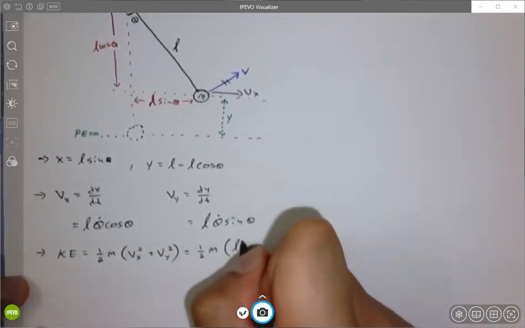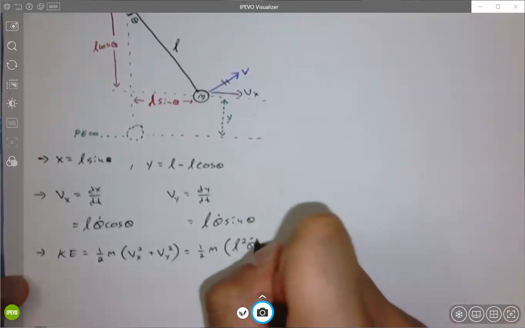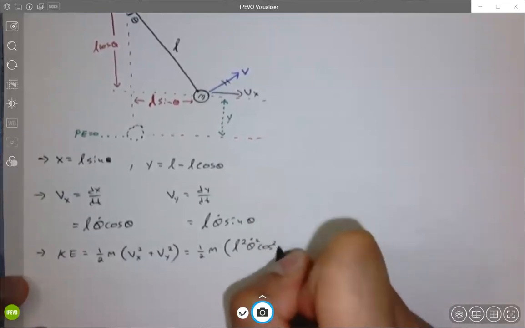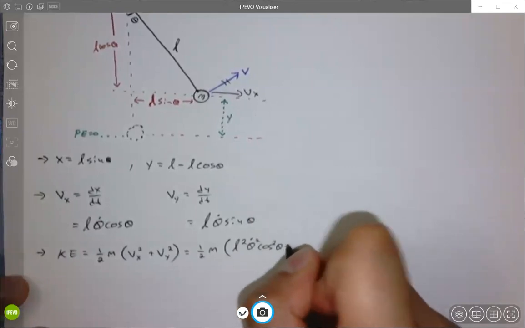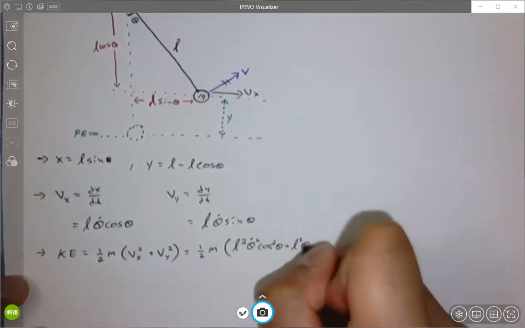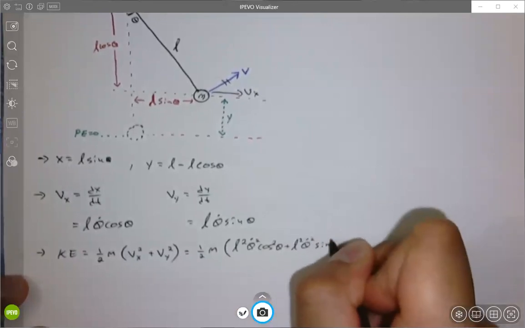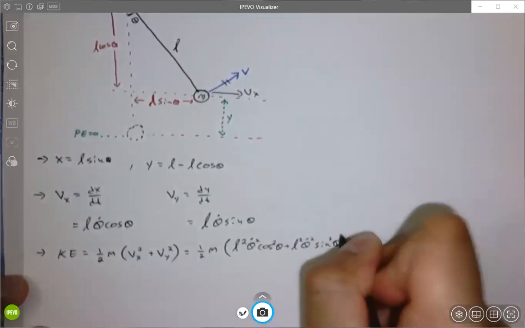So that's L squared theta dot squared cosine squared theta, plus L squared theta dot squared sine squared theta.